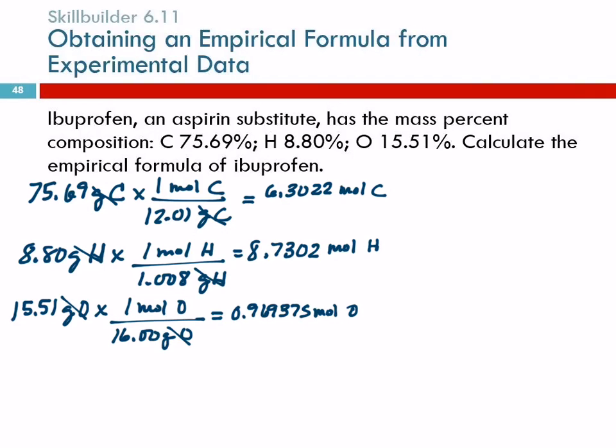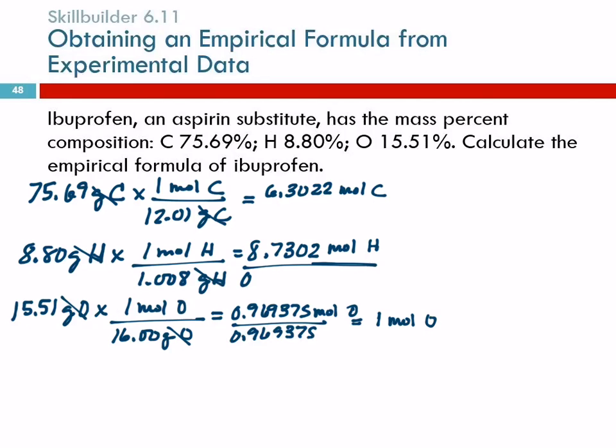Did I do it okay? Did I get the right numbers? I look at these moles, I decide which is the smallest. Well, it's this 0.9. So I'm going to divide everything by that. And that's where I wish I hadn't written so many digits, but I did. That comes out to be 1 mole of oxygen.